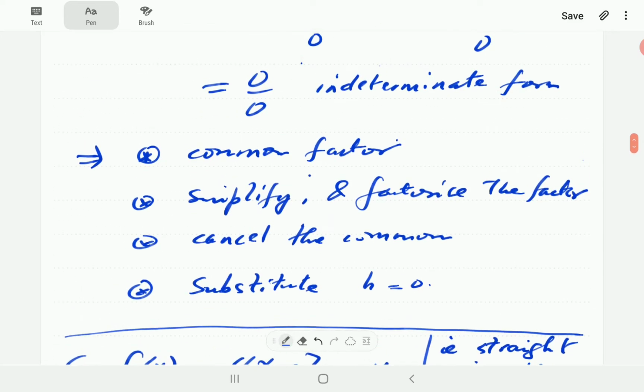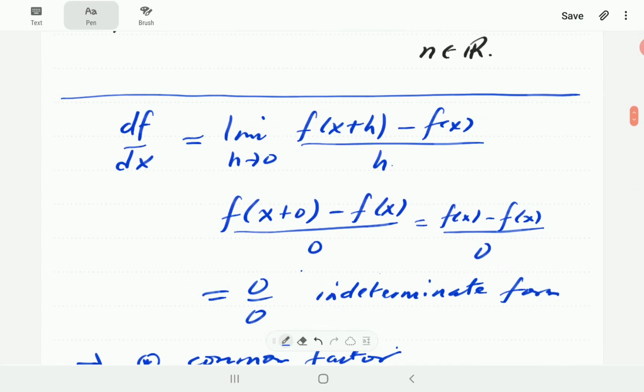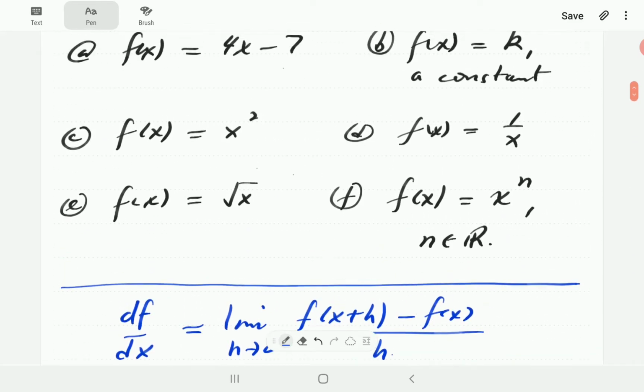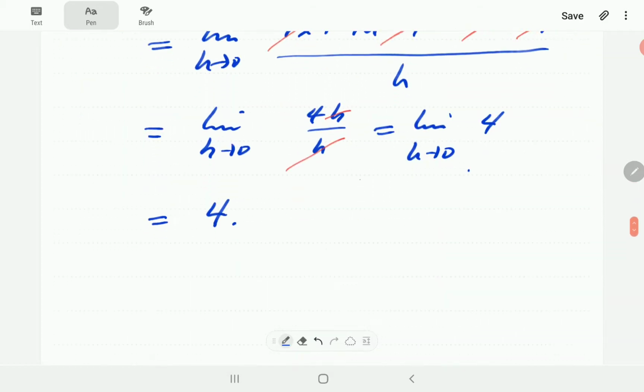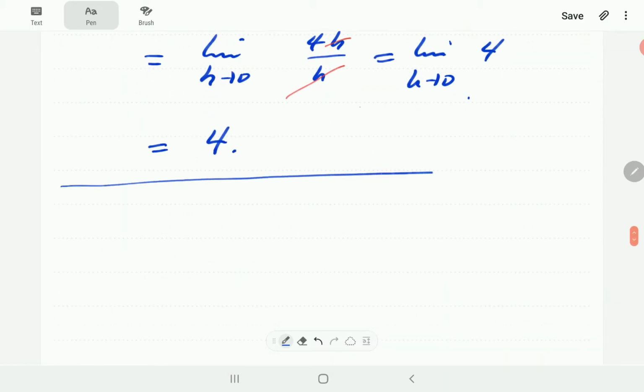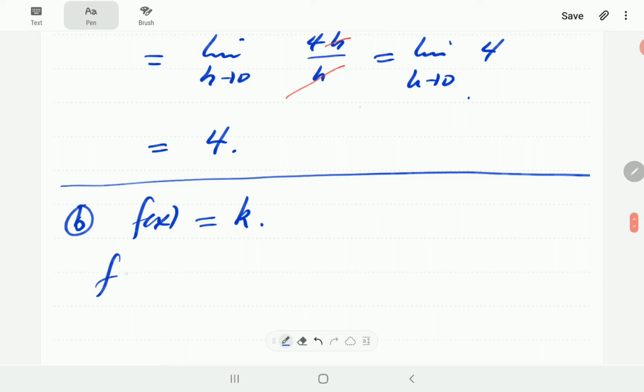Then in example number b, we have f of x equals k, where k is a constant. So let's see how this is going to work out. So f of x is equal to k. We need to find f of x plus h.